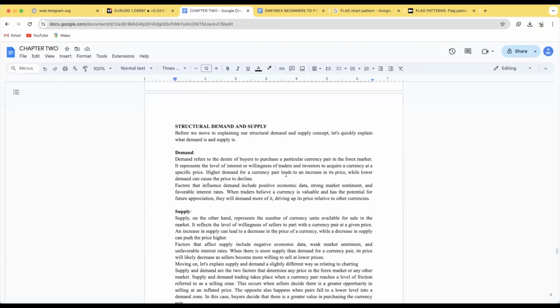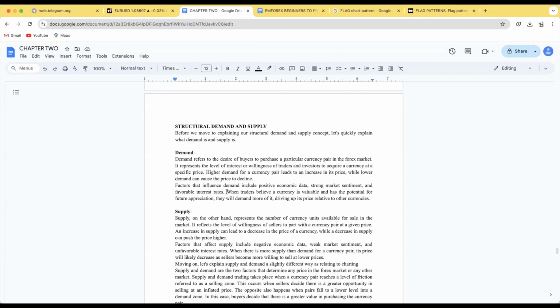Higher demand for a currency leads to an increase in its price, while lower demand can cause the price to decline.